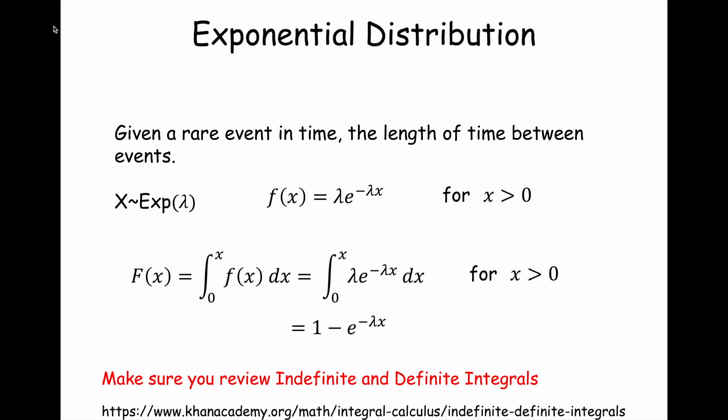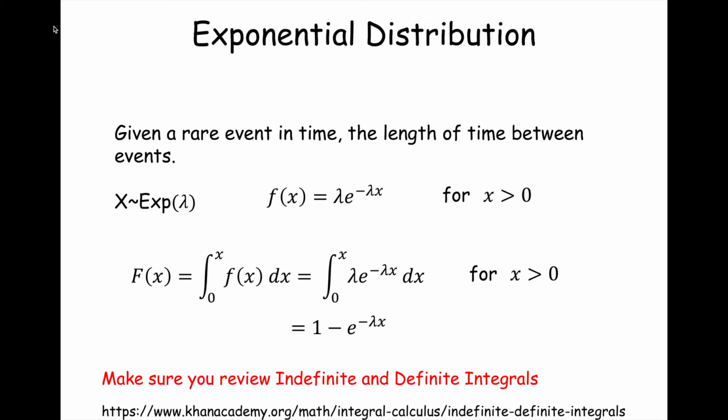So I write minus this expression evaluated at x and minus this expression evaluated at 0. Okay, so we have evaluation at x. That's minus e to the minus lambda evaluated at x. So it's minus e to the minus lambda x.